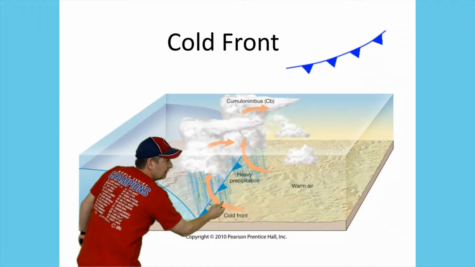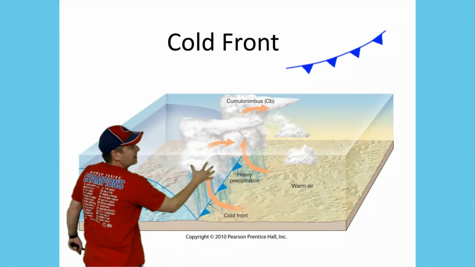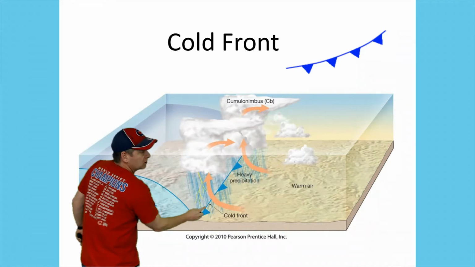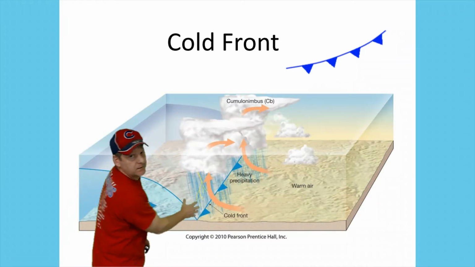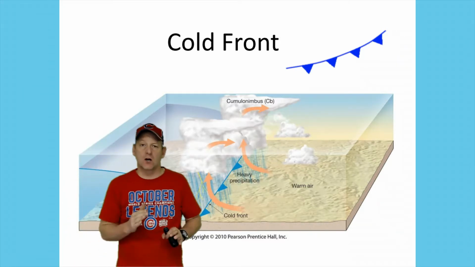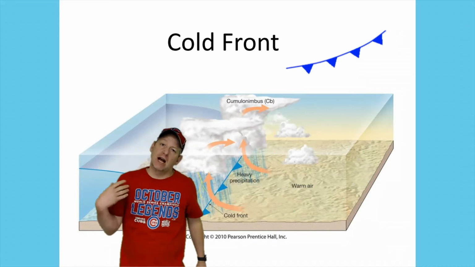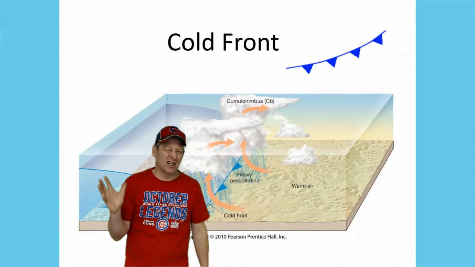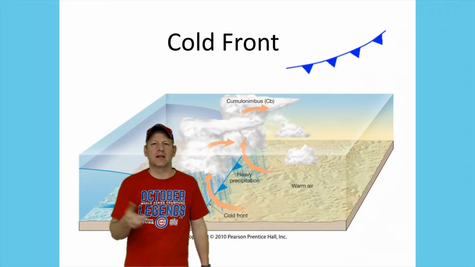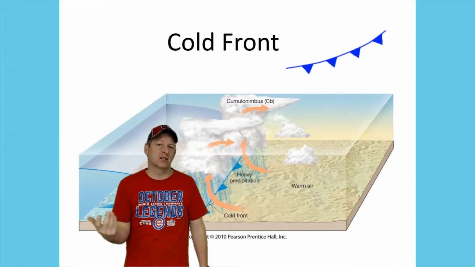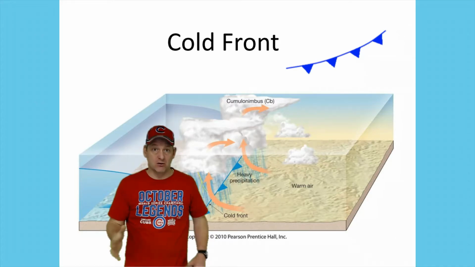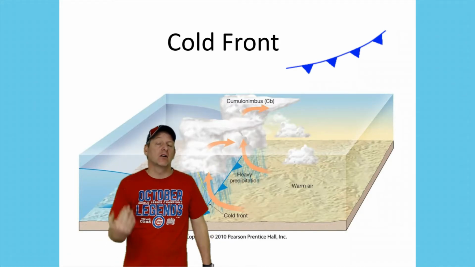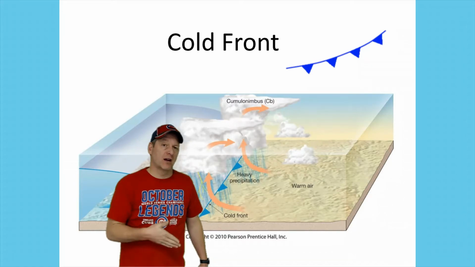Okay, so we've got this air, we've got low pressure, and this air starts rising up. So as you get closer to the front, the wind is going to start picking up. You may have even been at your house, and all of a sudden there's a slight little breeze, and then the wind really starts picking up. Maybe you have a flag outside or garbage cans or something, and you notice that they're moving around. You're getting closer and closer to that front.